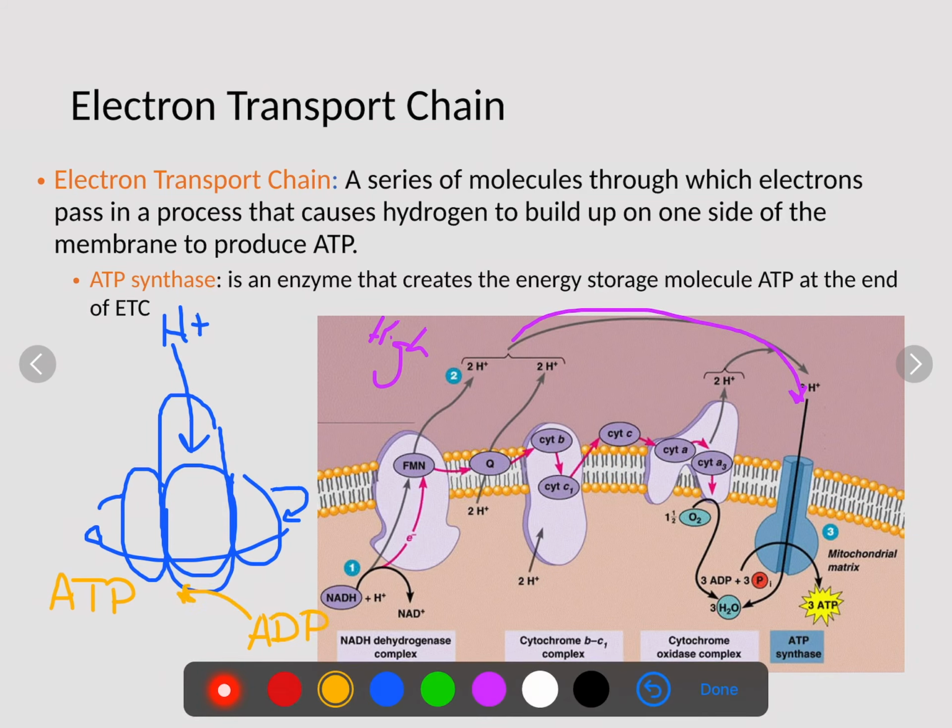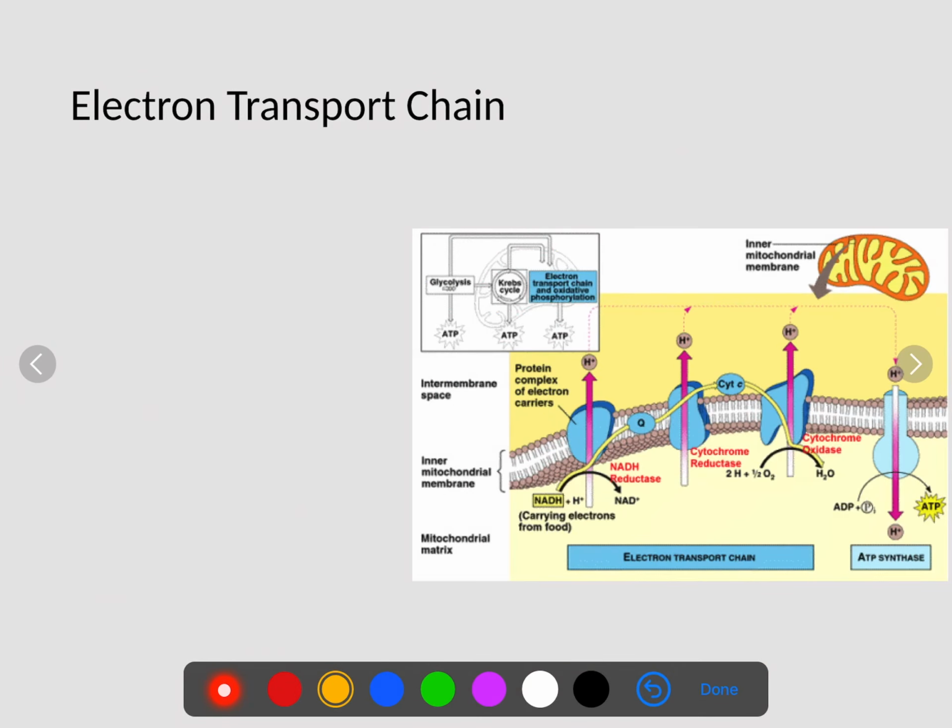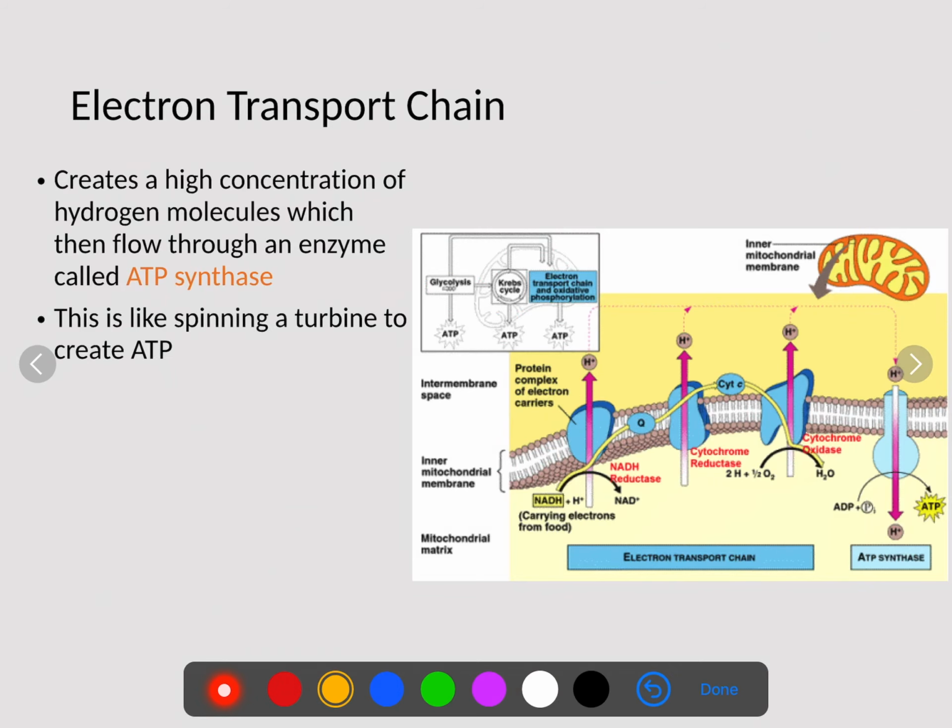So the energy to revitalize ADP comes while this thing spins and converts it into ATP. Now, in this step, during the electron transport chain, we create a grand total of 36 ATP. So again, this is where the majority of our ATP is produced.